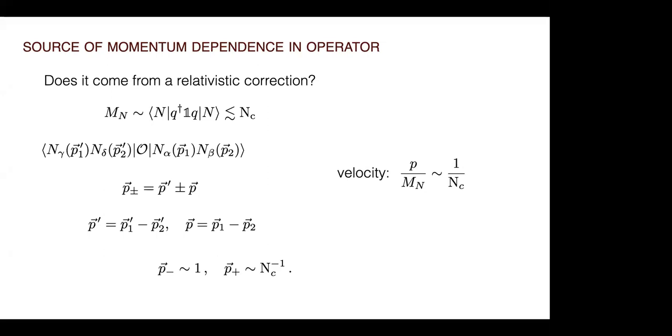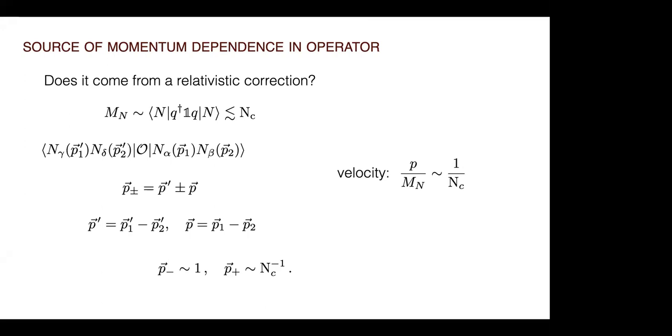And so because the mass of the nucleon scales with N_C, if you've got a momentum that is coming through a velocity that is a relativistic correction, then this is going to kill you by 1/N_C. So this is one of the examples of where, when you look at the spin isospin structure, it's like, okay, this is as large as it can be, but there are also other things that could reduce it. And that's good, right? Because the more it's reduced, the more it gets shuffled to higher order.